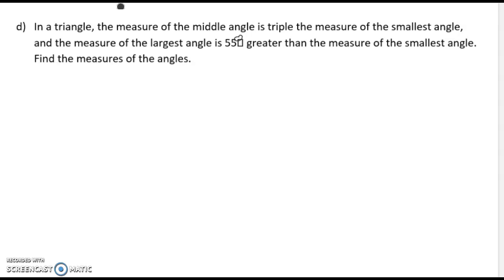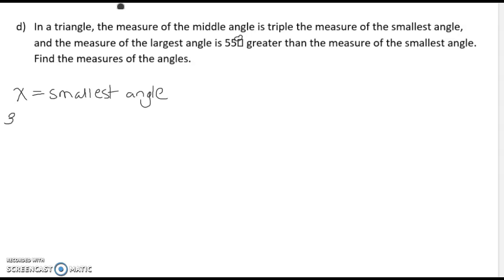Okay, so basically let's let x represent the smallest angle. And then here it says the measure of the middle angle is triple the measure of the smallest. So that means it's 3 times the size. Okay, and that was the middle one.